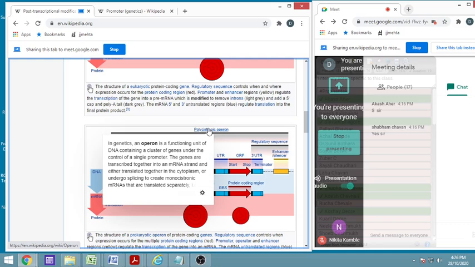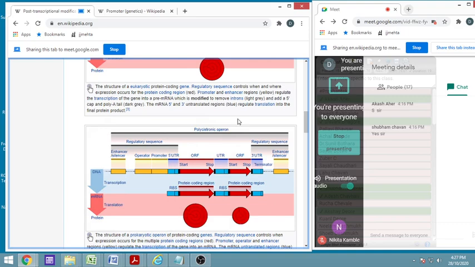In this operon, the important thing is that, as I told you, it can be single in certain places, or in many places it can be multiple. When it is multiple, we call it a polycistronic operon. When it is single, it is a monocistronic operon.